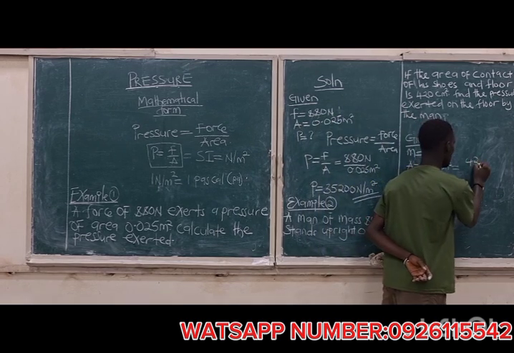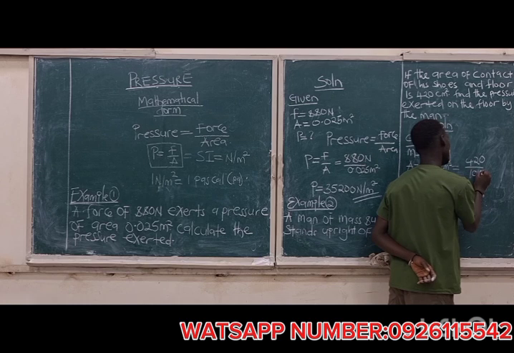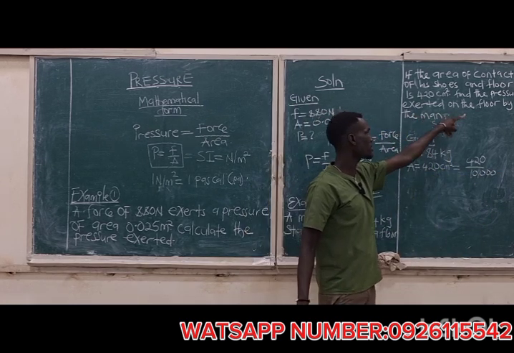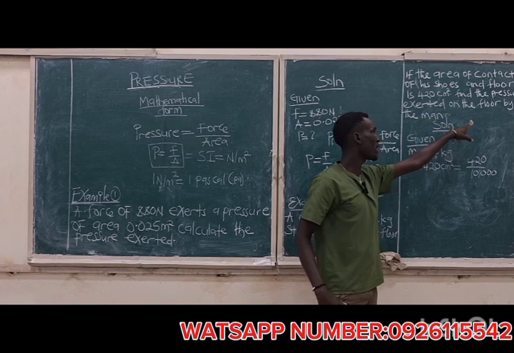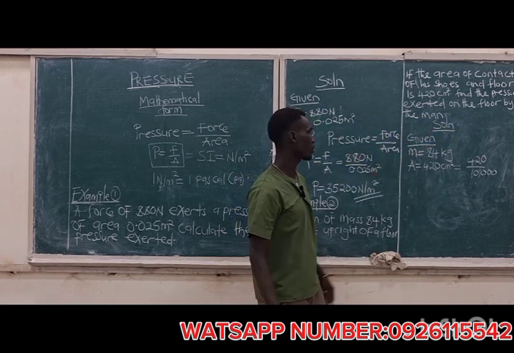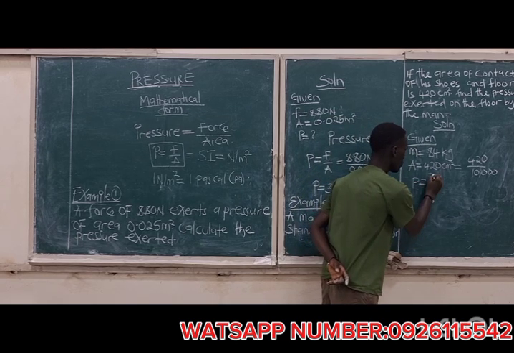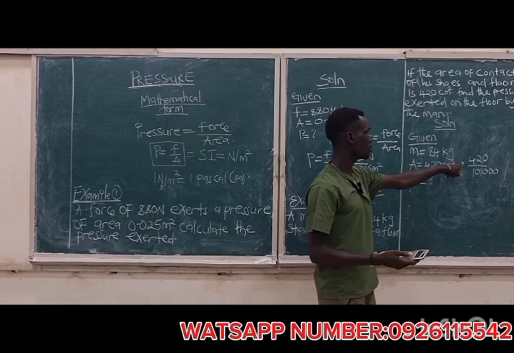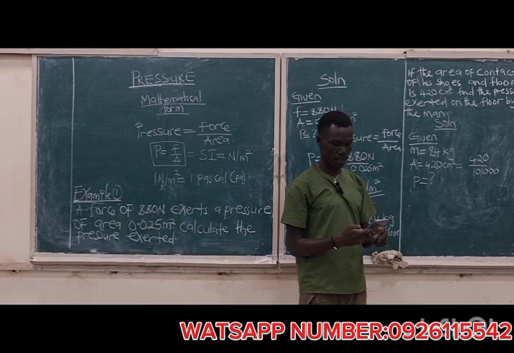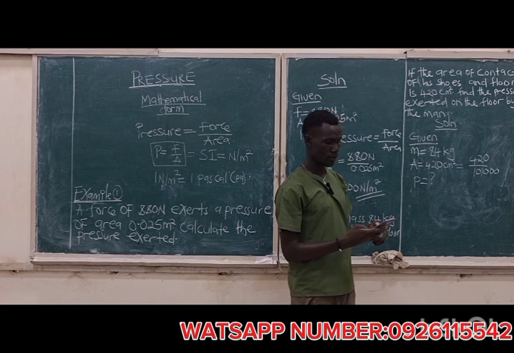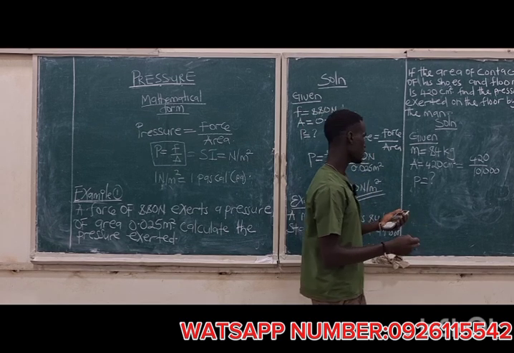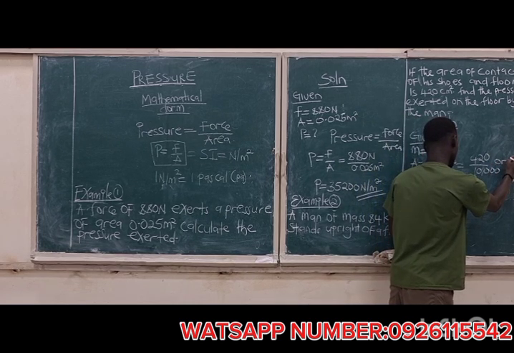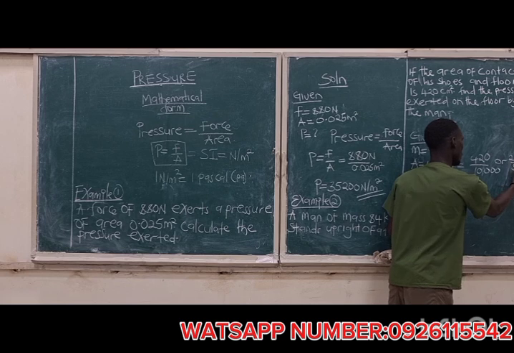It is going to be 420 all over 10,000. Find the pressure exerted on the floor by the man. So here pressure is equal to question mark. Let's first do 420 divided by 10,000. That is the same as 21 all over 500.